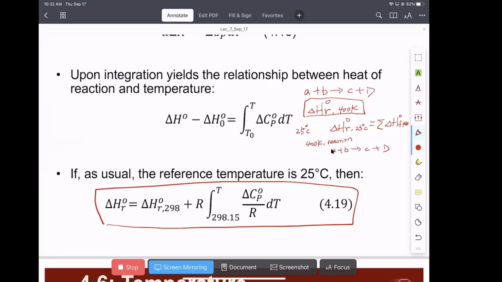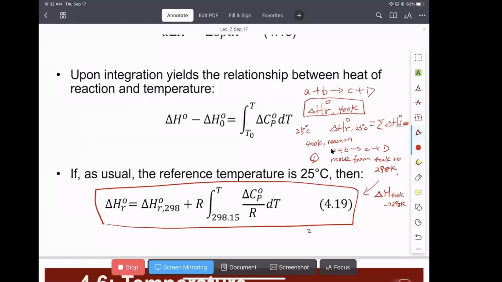First of all, step one, we try to move from 400 K to 298 Kelvin. Over there, we need to calculate the enthalpy change using the CP equation, right? This is step one.